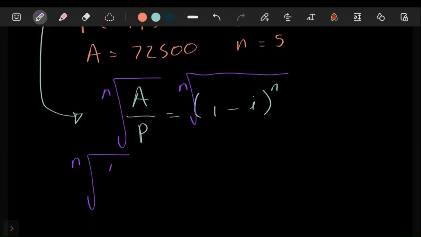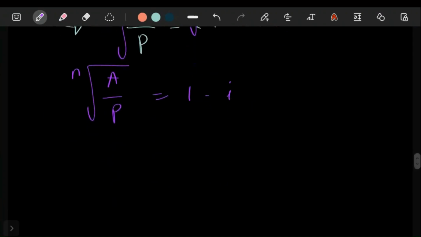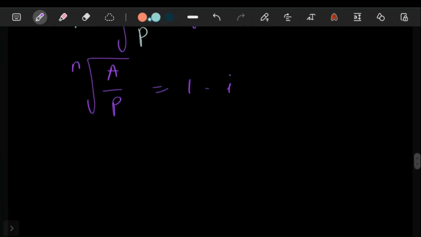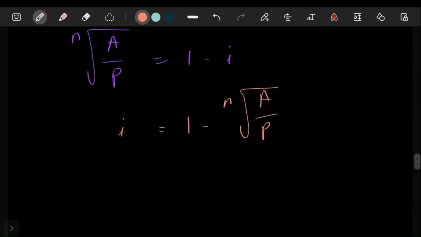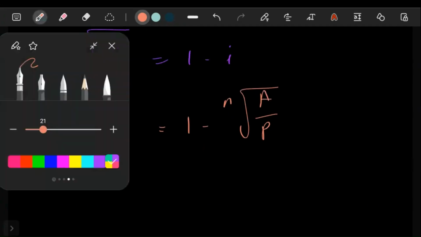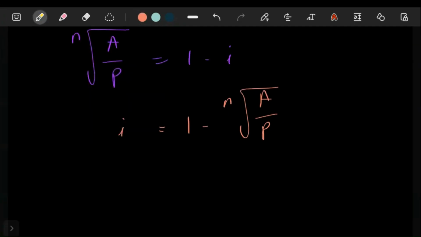The reason for doing this is so that you don't find yourself rounding off before the final answer. So the I, if you want to make it positive, you can take it to the other side. This you can take it to where the 1 is. See, A over P. And then now you can work out a value of I, which you will eventually have to multiply by 100.